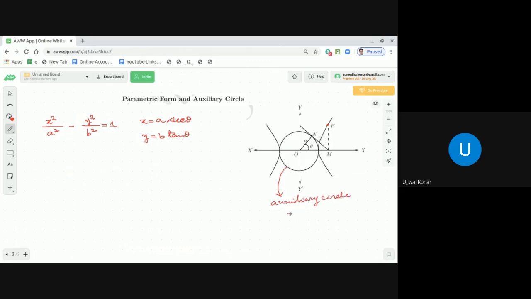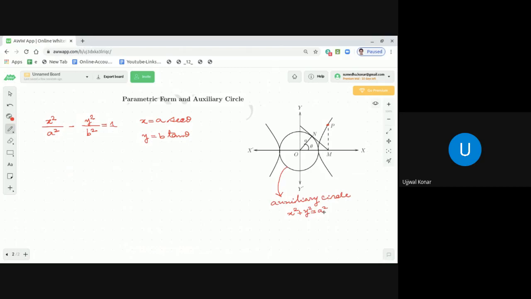Its equation is x square plus y square equal to a square, because a is nothing but the radius of this circle. Why? Because according to the definition of auxiliary circle, the diameter of this circle is the length of the transverse axis, which is 2a. So the radius becomes 2a by 2, that is a.